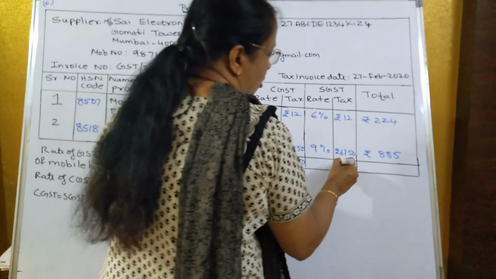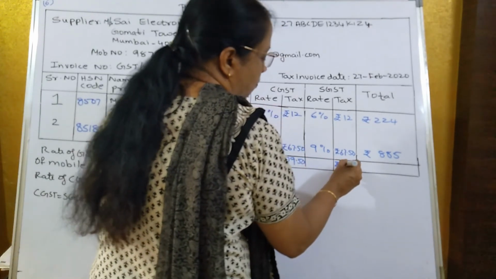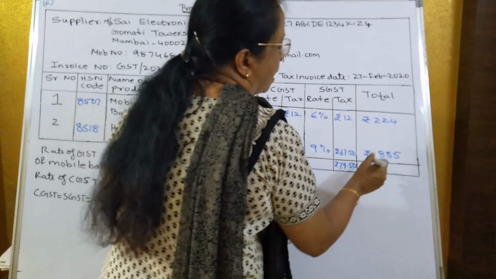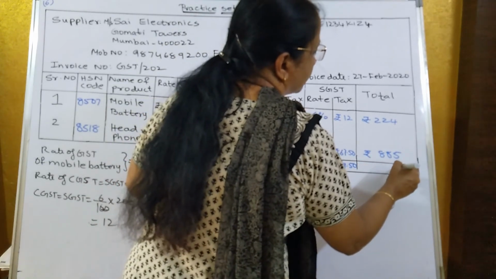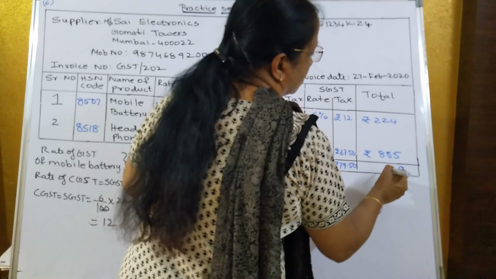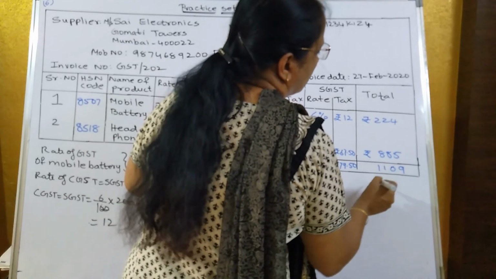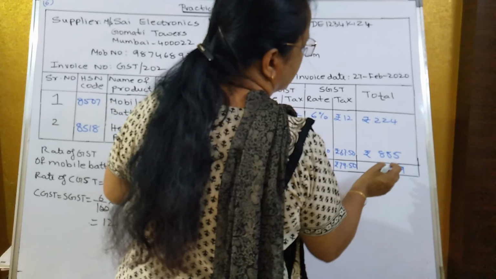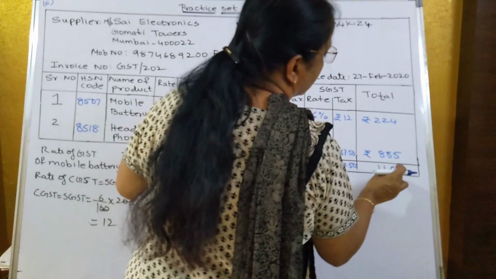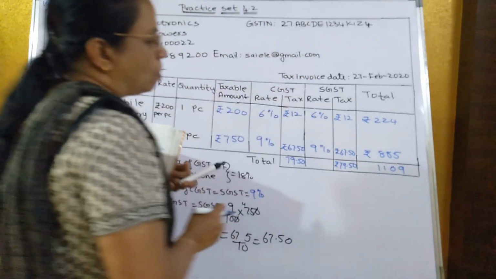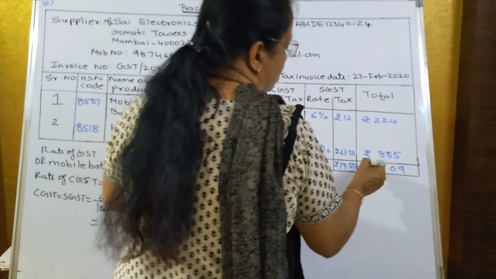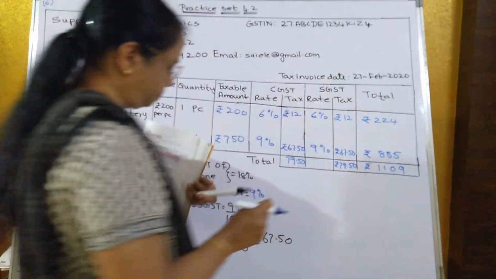Here also it will be 79 rupees 50 paise. And here it will be how much? Rupees 1109.